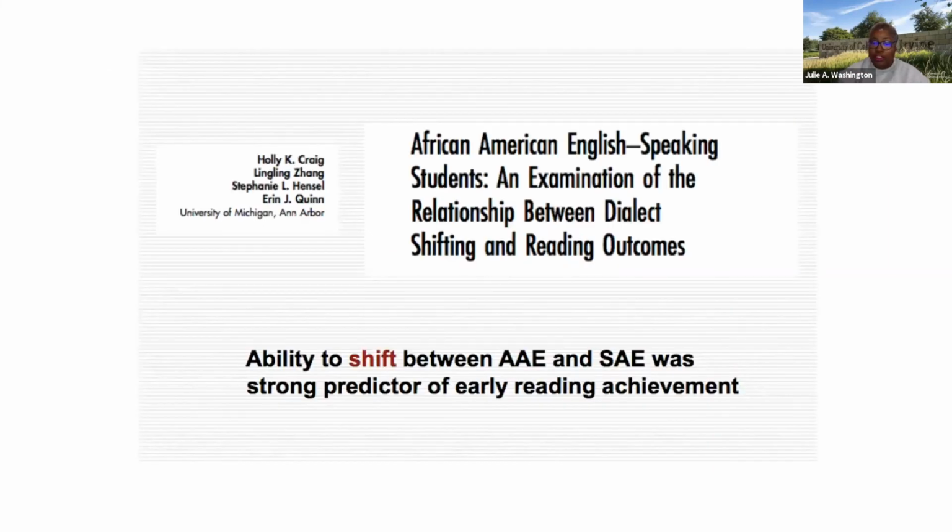So the ability to shift between African-American English and General American English is a strong predictor of early reading achievement. And you'll notice some of these say Standard American English because I haven't changed them, but we're not talking about it that way anymore. We don't want to be thinking about dialects or language as standard or non-standard, because the non-standard variety people think of as less than.